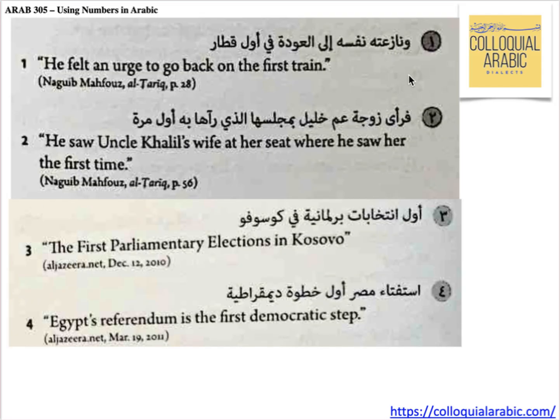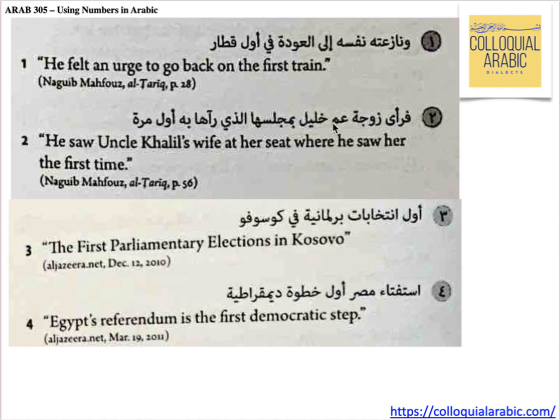ونزعت نفسه إلى العودة في أول قطار. He felt an urge to go back on the first train. Awwal qitar. So he felt an urge to return, in the first Qatar train.